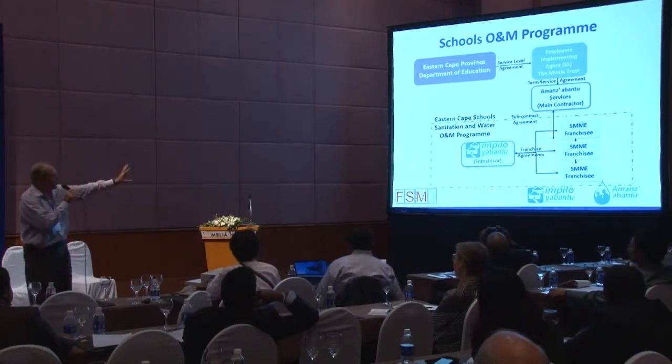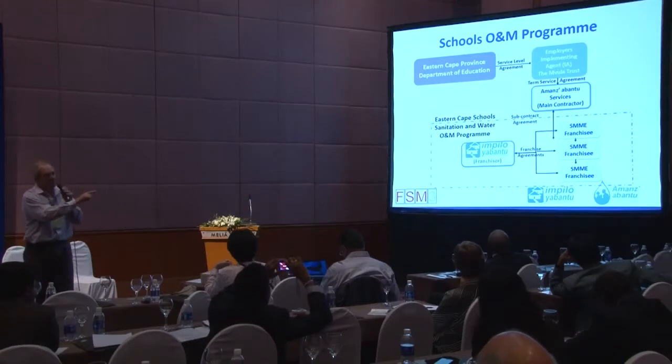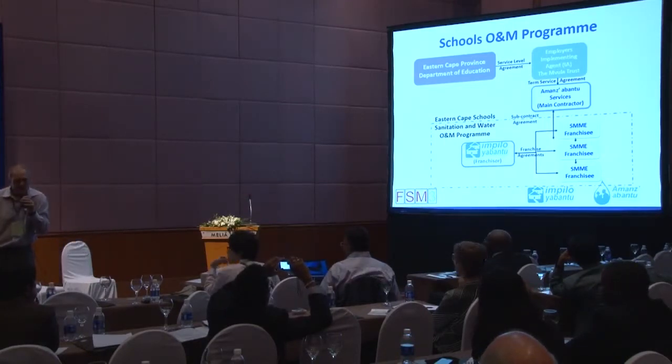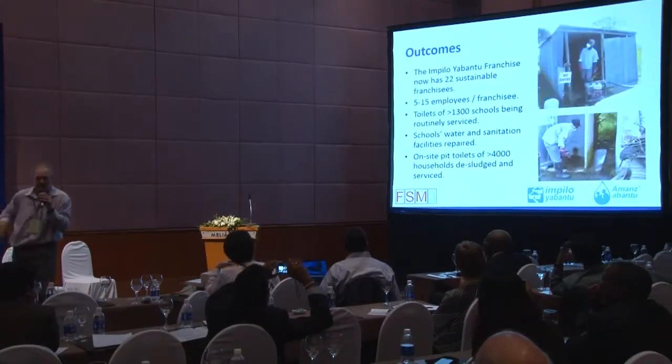This is an organogram showing that particular program, where the franchisor holds the main contract and runs a program with its 22 franchisees. It's not always like that. In many cases, a franchisee in their own area would go to a client directly and get paid, but they would have a back-to-back service agreement with the franchisor.